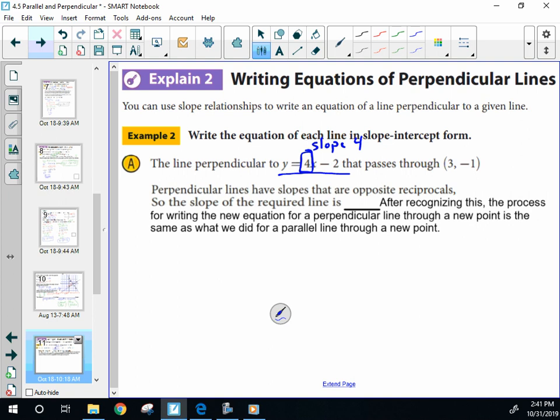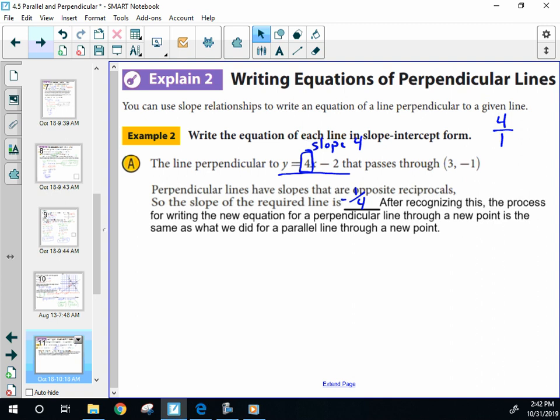But remember, parallel lines have the same slope, but perpendicular lines, their slopes are the opposite reciprocal. So since it's positive, it will become negative. 4 is the same as 4 over 1. So when I flip that fraction, I get negative 1/4. That is the key with writing perpendicular lines. You have to flip, have to get the correct slope.